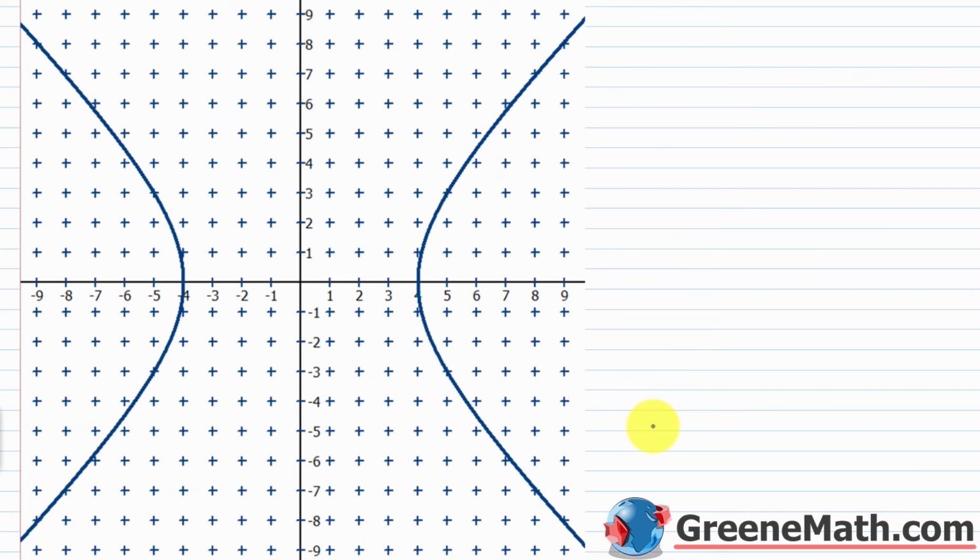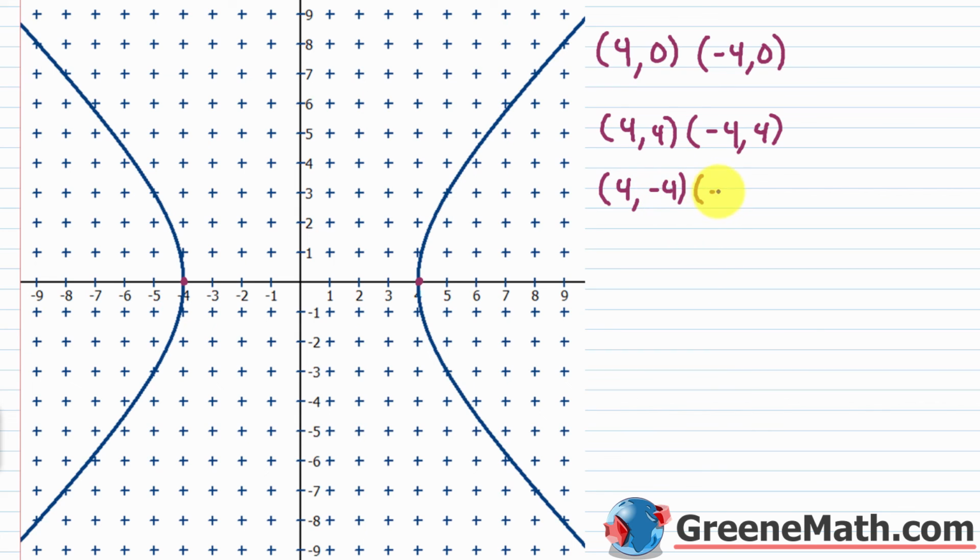All right, so let's take this information and graph this real quick. The x-intercepts occurred at (4, 0) and (-4, 0). So (4, 0) is here, (-4, 0) is here. Then for the rectangle, we had the points (4, 4), (-4, 4), (4, -4), and (-4, -4).